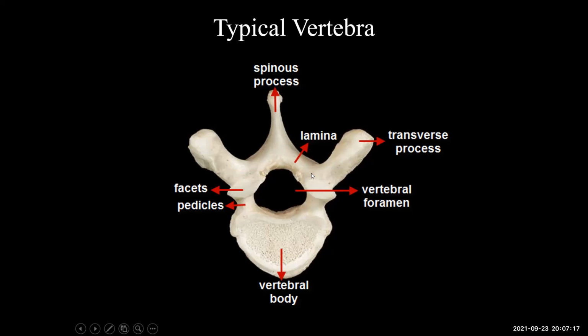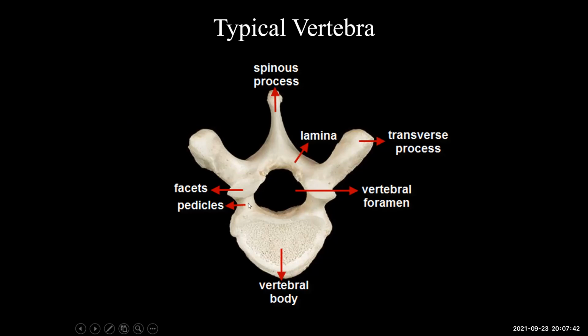Then you'll notice you'll have this little area of bone in between the transverse process here and the spinous process here. We call that the lamina. So when you're developing, the two lamina will come together and fuse and form the spinous process here. But the lamina is back here. Here's the lamina, here's the lamina.